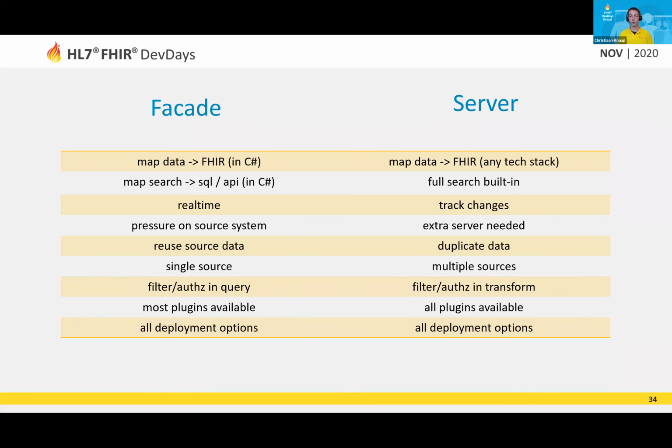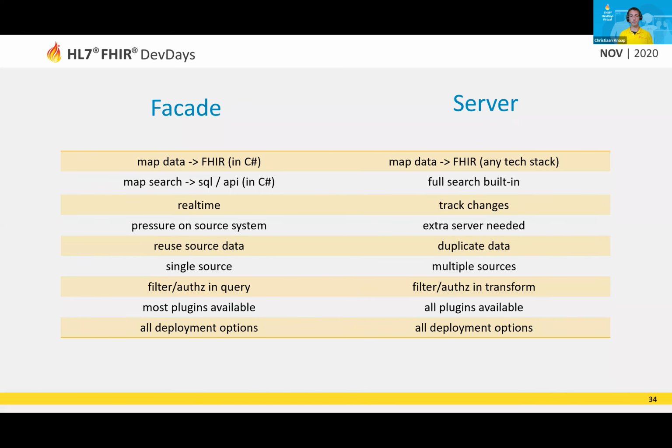As for the Fire server, it supports plugins for a lot of functionality. For the facade, you have most of them available from the server. All of them will work. The most notable plugins that are hard to get to work in the facade, or not at all, are the subscriptions plugin and the history plugin, because that means that your source system must support all historic resources as well.